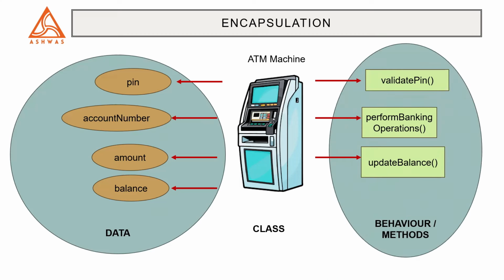And validate PIN, perform banking operations, update balance become the behavior, the methods given by the class. This is encapsulation, where you put a protective wrapper around your data and behavior and present them as a single unit. Here, the single unit is the ATM machine.